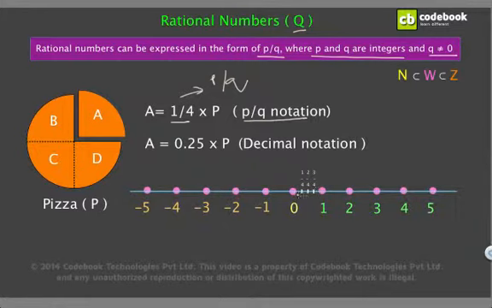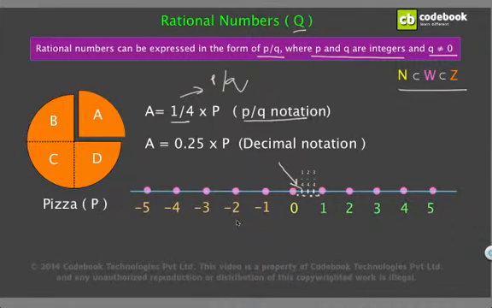There's your first part, second part, third part, and fourth part. The first part is called 1 by 4, the second part is 2 by 4, the third part is 3 by 4, and the last one is 4 by 4, which is nothing but 1. So to represent 1 by 4 on a number line, you would say 1 by 4 is right here.